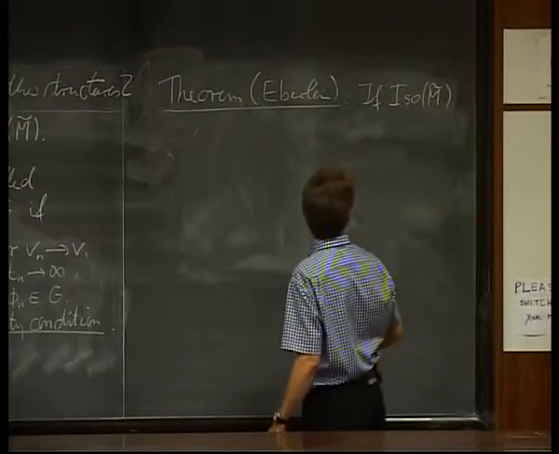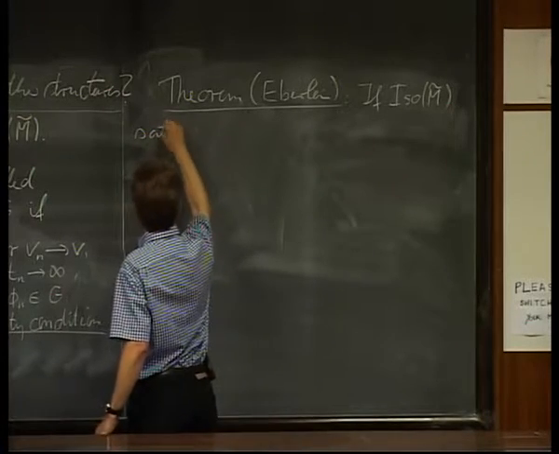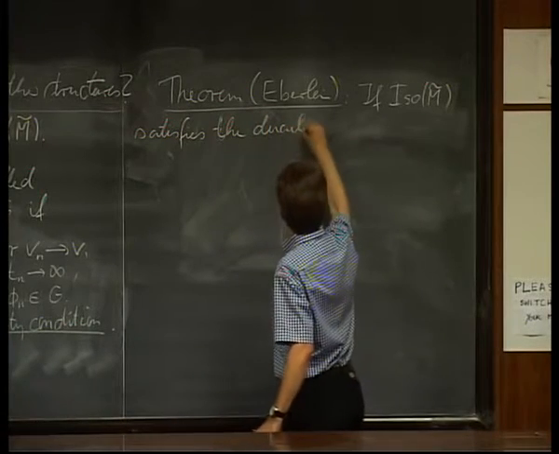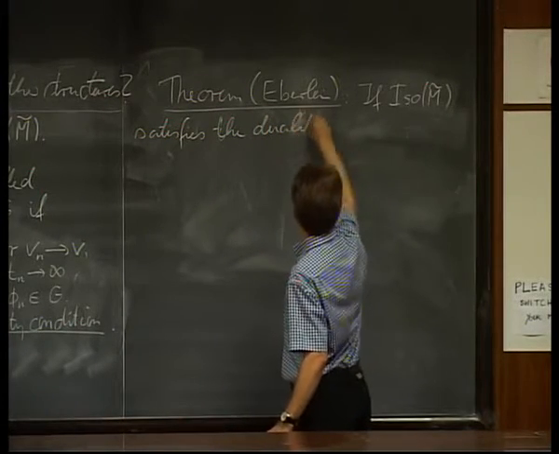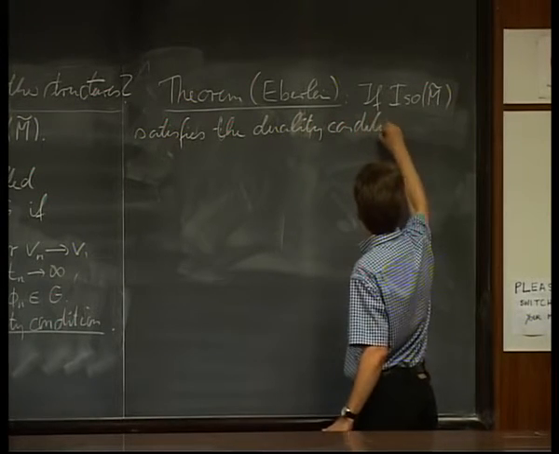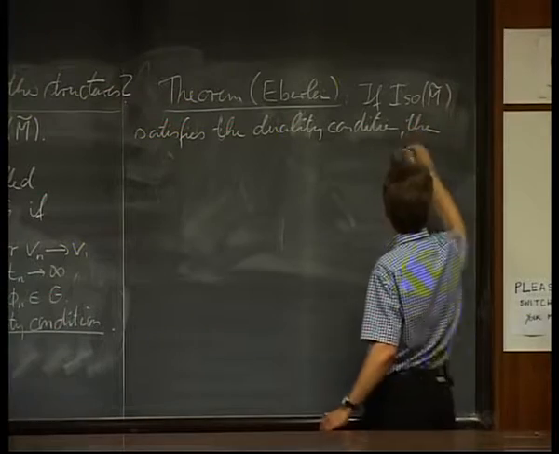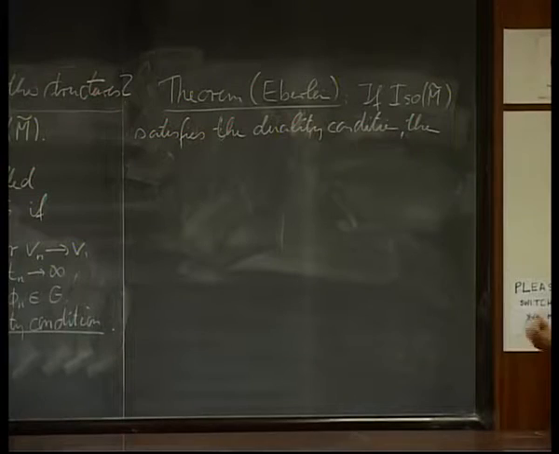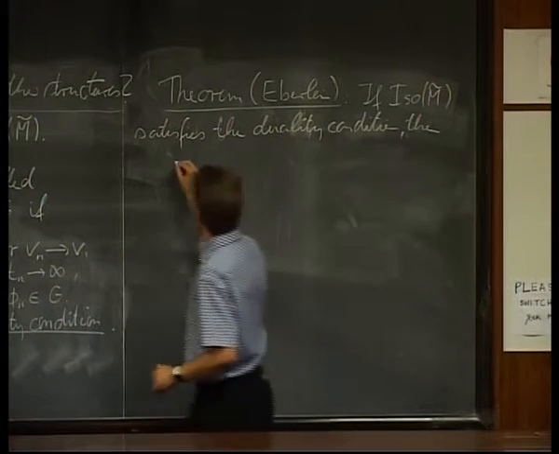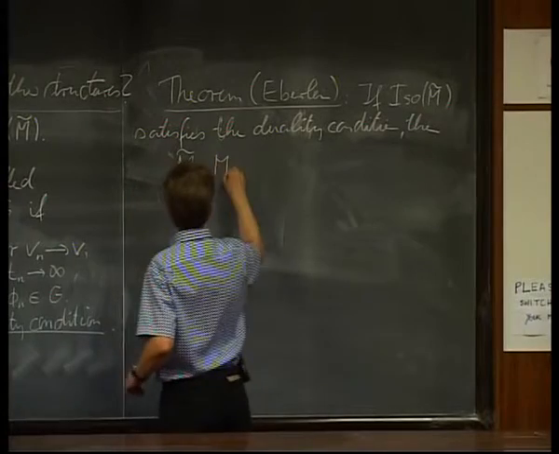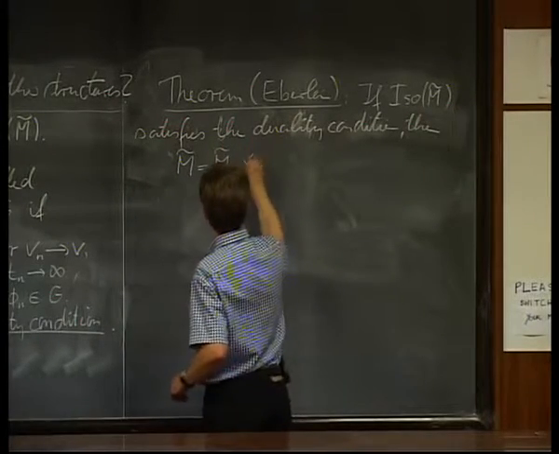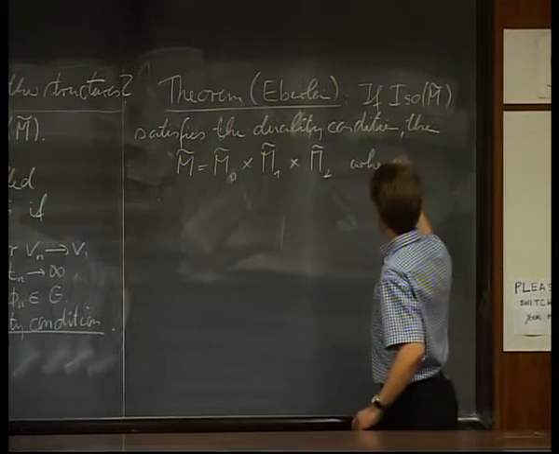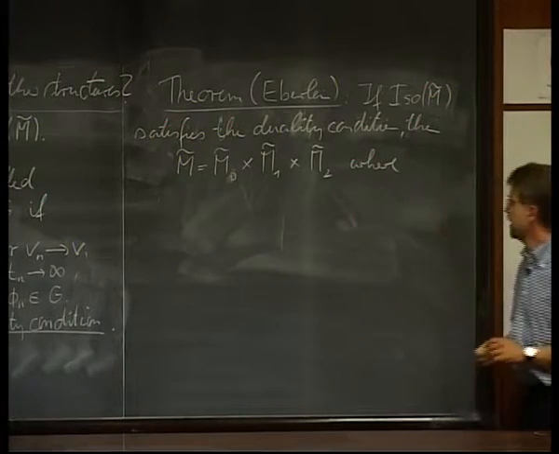If the isometry group satisfies the duality condition, then without any assumption on co-compactness or whatever, M tilde will be a Riemannian product of three factors, any of which may be absent.